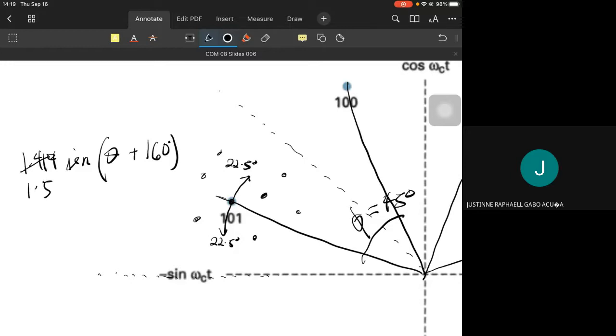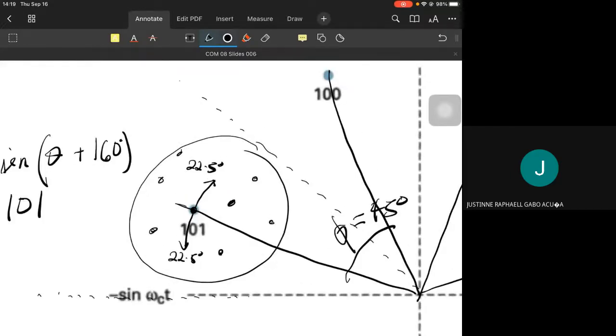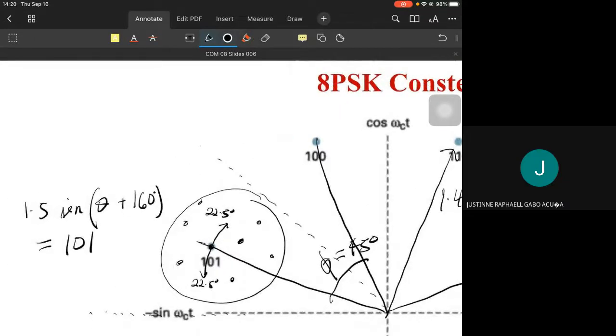So 1.5 sine 160 will still be read by the receiver as symbol 101, or binary number 101, because that is within the range of 101. I hope you got my point just now.